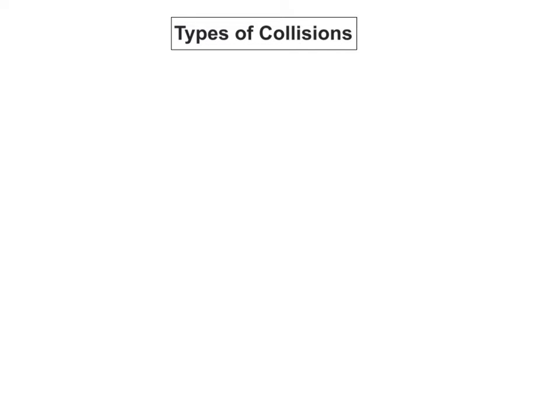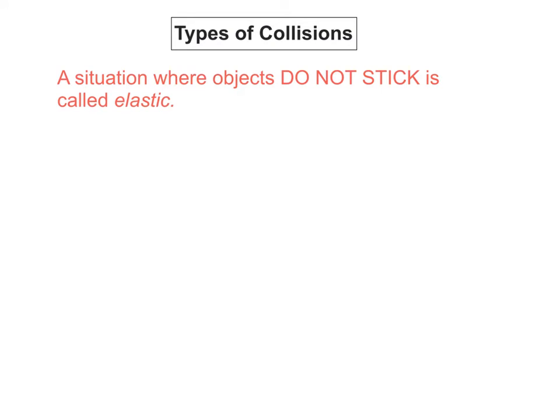And the first type is going to be a situation where objects do not stick together. The situation where objects do not stick together is called elastic. You have 2 objects that come together. One object might be moving one way, the other the other way.